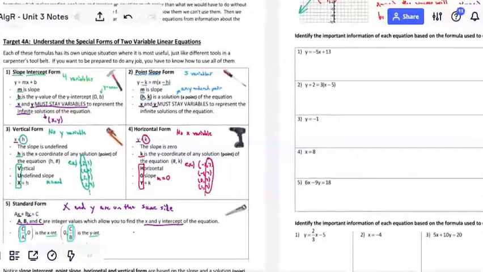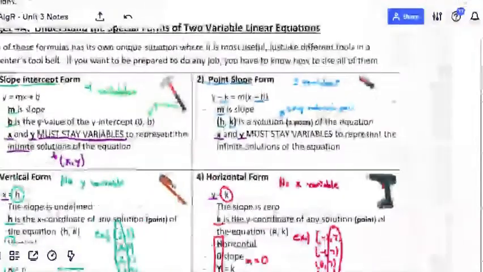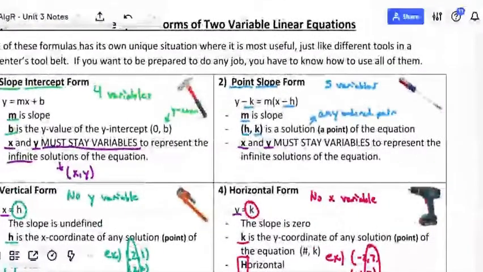The only two equations that have y by itself are slope-intercept form and horizontal form, but horizontal form has no x variable. So this matches best with slope-intercept form, which is y equals mx plus b. In slope-intercept form, I need to pull out m as the slope and b as the y value of the y-intercept.